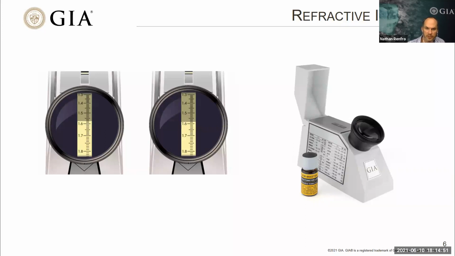We'd expect to get a refractive index measurement of around 1.57 to 1.58. We also measure the birefringence, which should be around 0.007. As long as that property matches, then we're well on our way to confirming we have an emerald and not an imitation stone like a piece of glass or plastic or quartz or something else that's not a beryl.